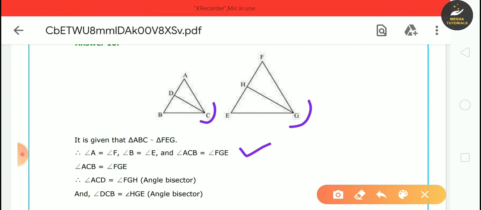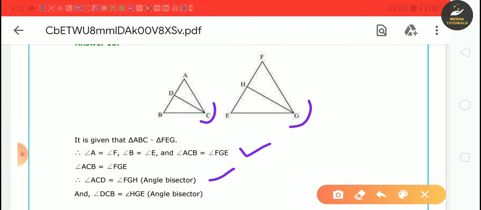So half of ACB is ACD or DCB and half of FGE is FGH or HGE. Therefore, I can say that half of angle ACB is equal to half of angle FGE, which is angle ACD is equal to angle FGH.